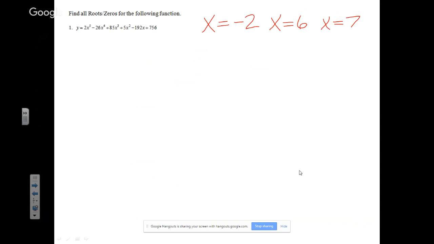Close. Not x minus 2. Because it's a 0, it translates to x plus 2. What does the second one translate to? X minus 6 and x minus 7. So just so we're clear, the red is the answer, but the blue is what we have to pull out.